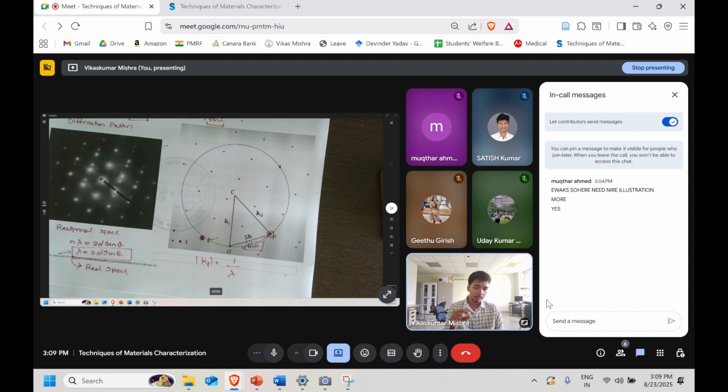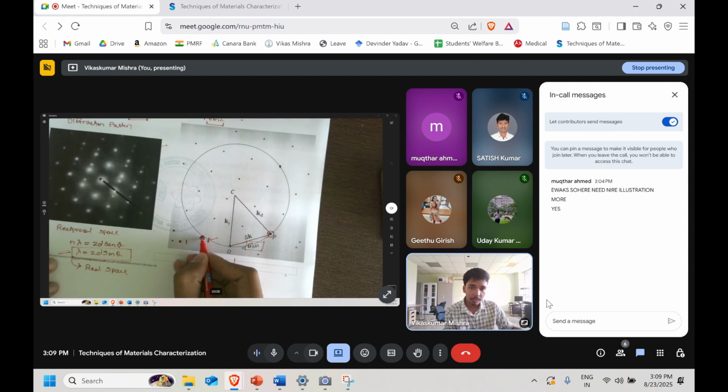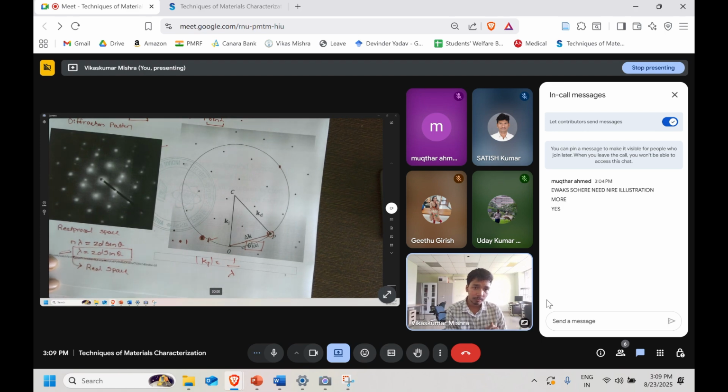If you keep on thinning your specimen, decreasing its thickness, these points, instead of being points, will start to show a rod-like, cylinder-type structure. So the points which are not on the Ewald sphere will also undergo the diffraction phenomena. If you keep on thinning your specimen, you will get more and more diffraction points.